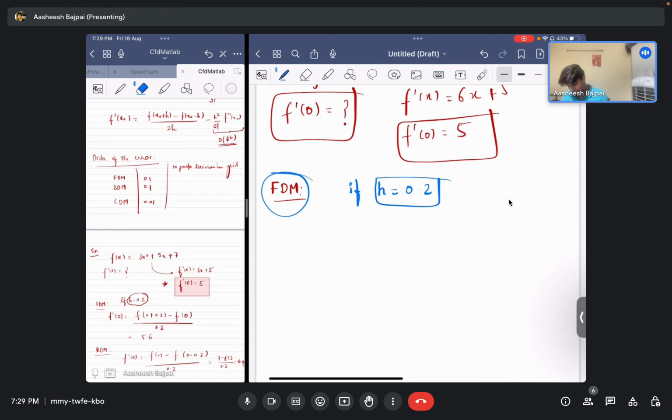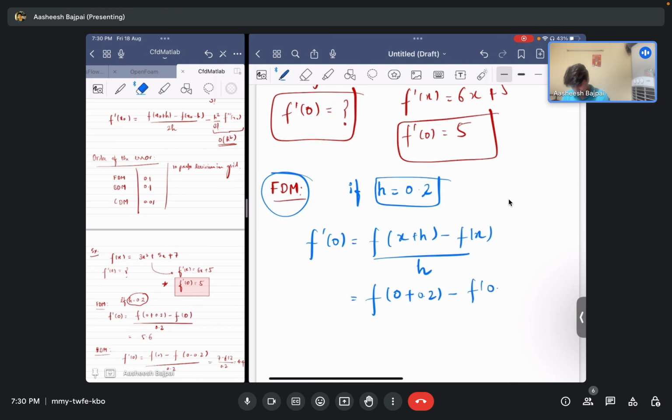H, we know the difference between the points is 0.2. Then f dash x is f of x plus h minus f of x, divided by h. So f0 plus 0.2 minus f0, by h which is 0.2.